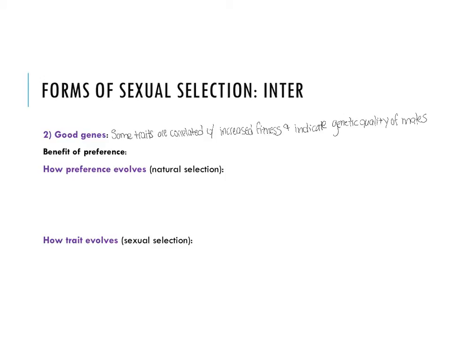So the implication here is that if females prefer red males, then the red tells them about the immune system, right? And so if the male is then passing good genes on, something that gives him a quality immune system onto the female's offspring, then her offspring are going to survive better than average, and increase her fitness.